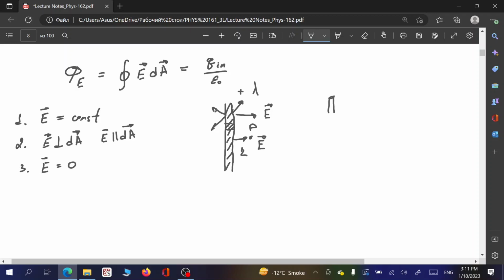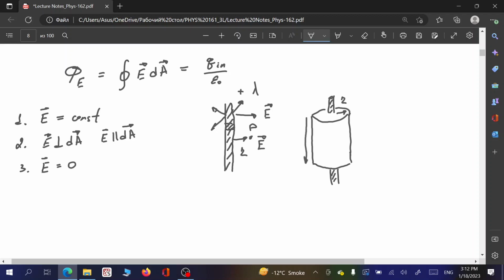We have the wire, then we have a closed cylindrical surface with radius r. That is the distance at which we want to determine the electric field vector.